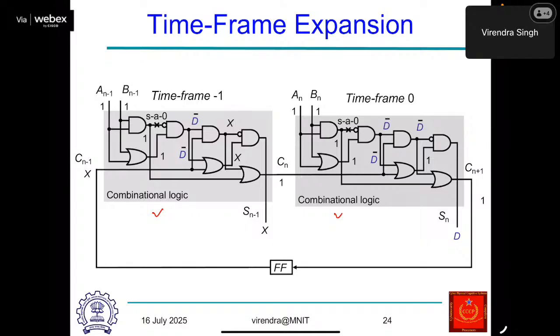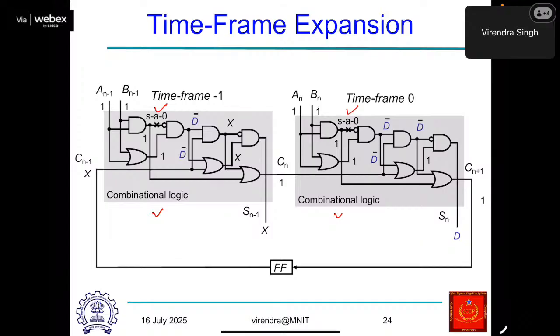Now another problem starts to appear, because if I make 2 copies, the same fault will appear in both of the copies, because these are not two different circuits. For test generation purposes we are making 2 copies in the software, whereas in hardware there is the same copy, and therefore if there is a fault in one copy, there would be the same fault in the other copy.